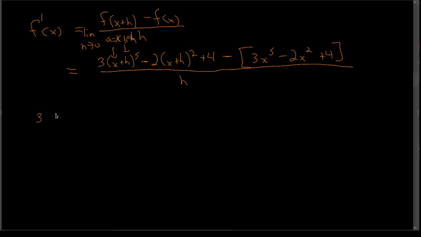So I can expand this, and I'm going to worry about the coefficients in a second, but I know it's going to start with x to the 5th, and then it's going to go to x to the 4th times h.